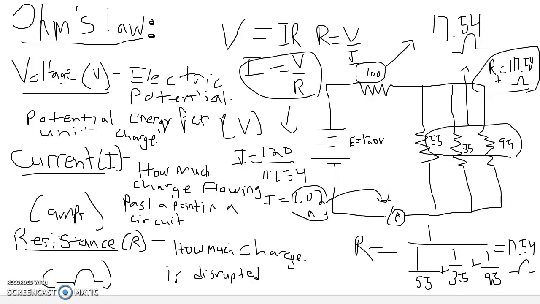Now that we know the current, we can determine the voltage drop across each resistor using the formula V equals IR. So we're going to use this formula to determine the voltage drop across each resistor. We're going to consider the parallel group as one, so all of this is going to be 17.54.